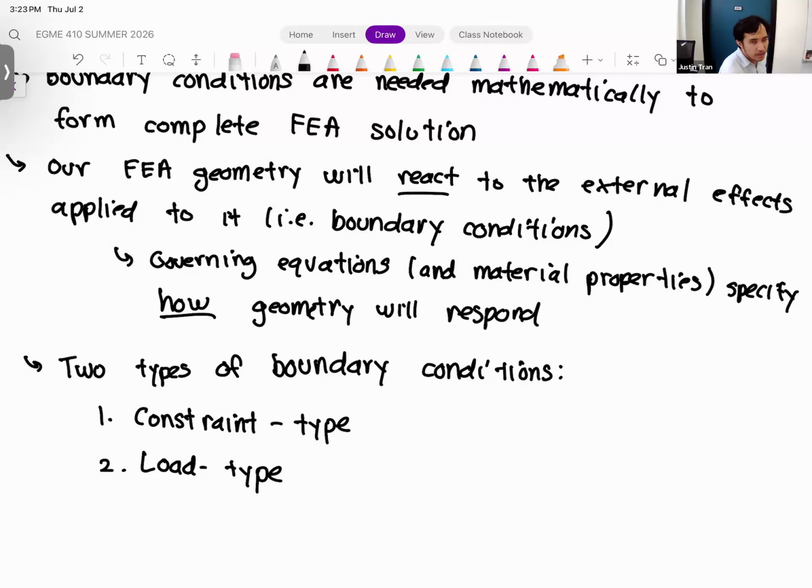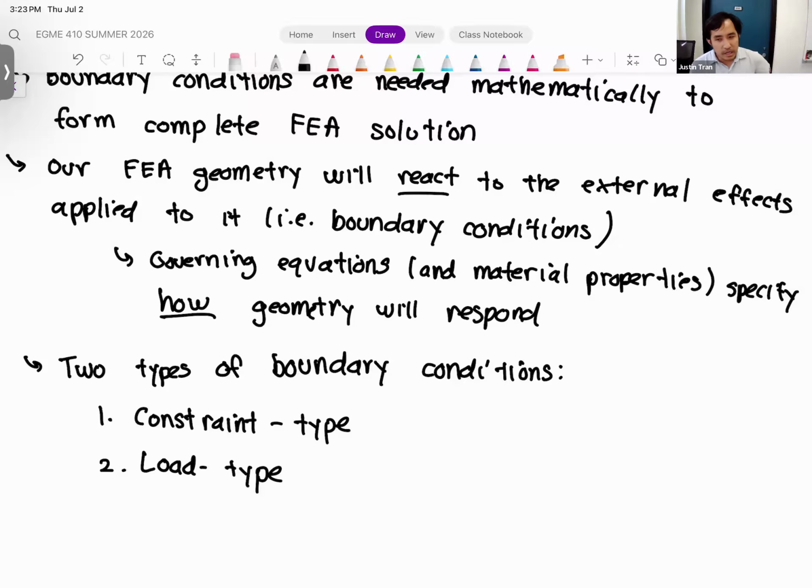This naming convention assumes that you're running a structural simulation, and I wouldn't say it's standard. But this is the way that I think about it, at least within the context of this class, within the context of structural simulations.